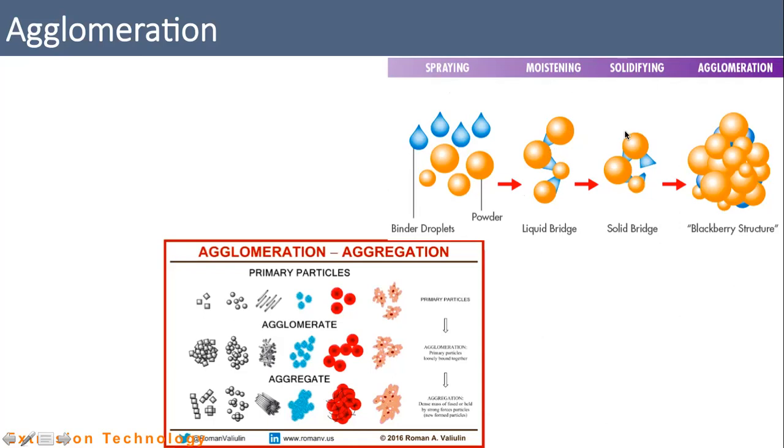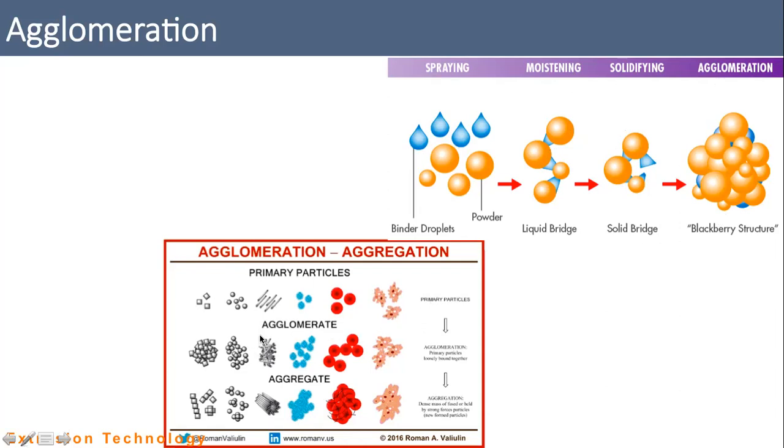With the solid bridge you can get this type of texture, but at the end of the process, agglomeration means a blackberry-like structure is there. Here in the second example, these are the primary particles, maybe flour, oil, binders and flavors. There are several raw materials.